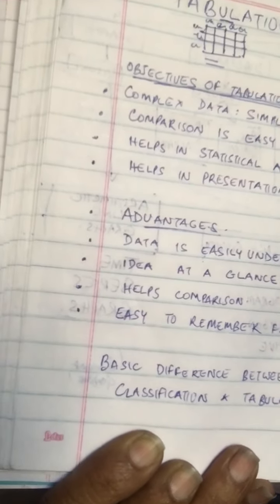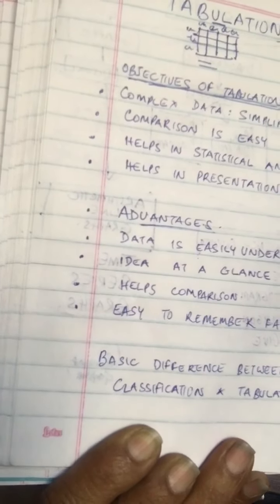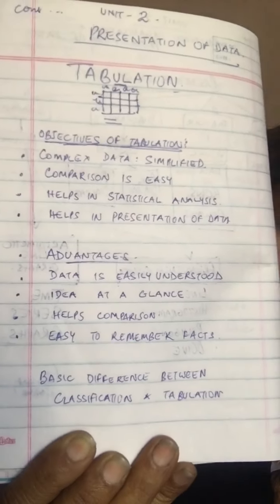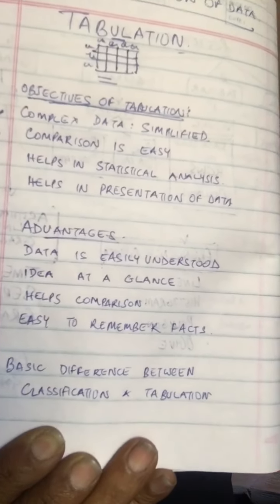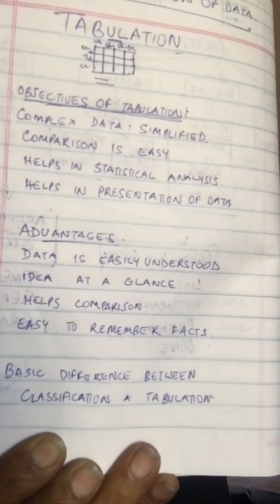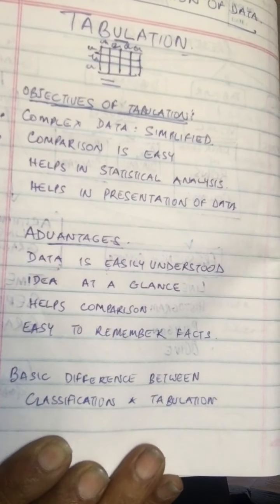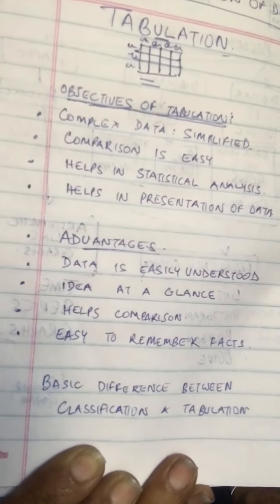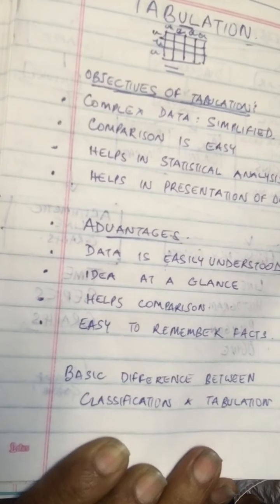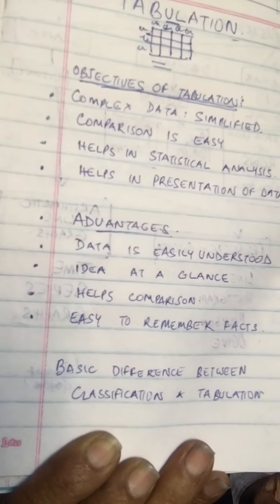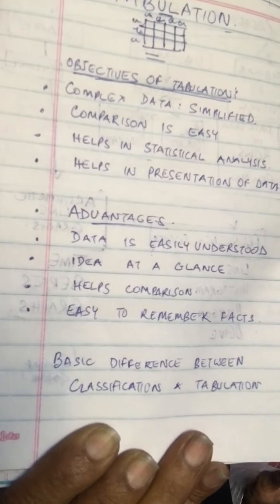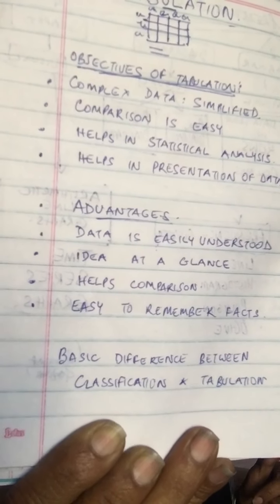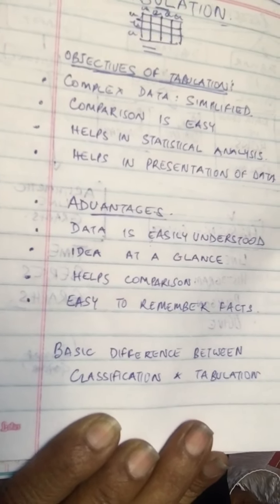Instead of reading 5 pages of text to understand something, you see a table, and if you have this habit of looking at tables, the text will come very clearly to your mind. It will make you understand what you are trying to read into the data. You are also saving time and space, because the data is in a condensed form. The reader gets a fast idea of the mass of data at one glance.